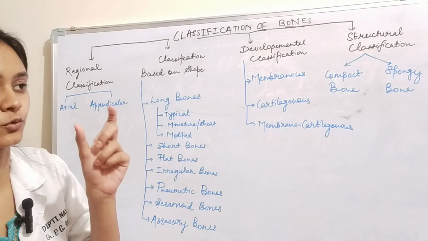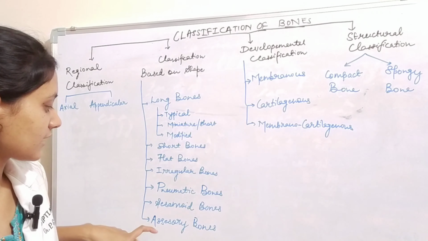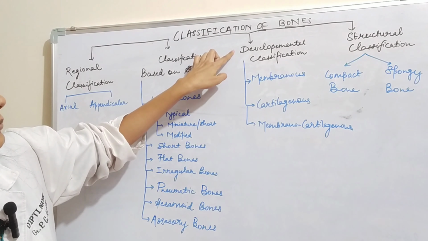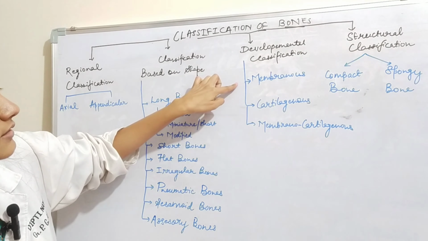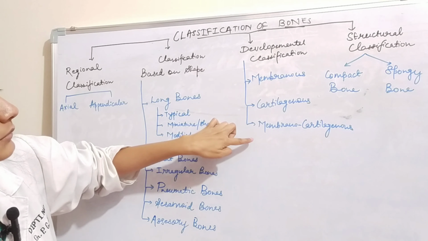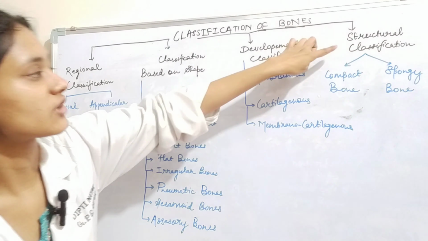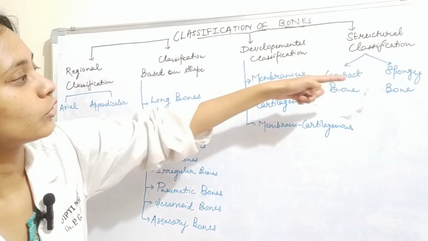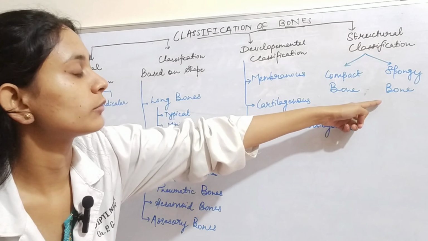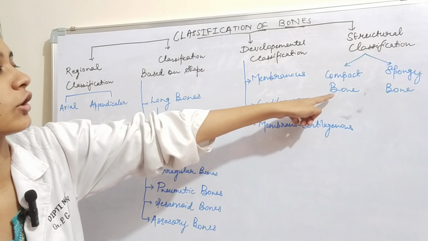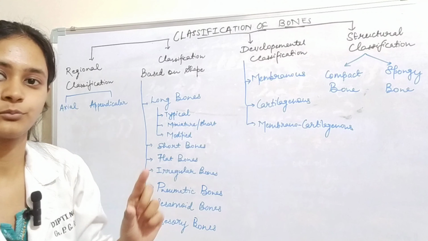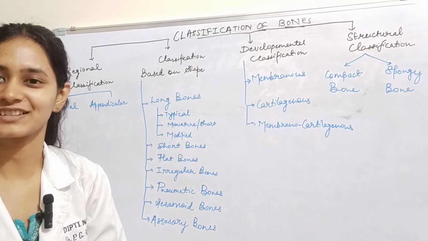Sesamoid bones are bones formed between two muscles. Developmental classification: membranous bones, cartilaginous bones, membranocartilaginous bones. Structural classification: compact bone and spongy bone. Spongy bone is formed at the ends of the bone, and compact bone is formed at the shaft of the bone. So here we have completed our lecture. Thank you so much.